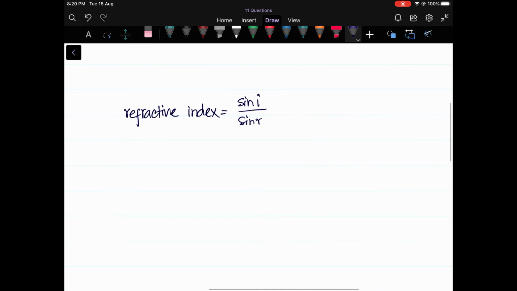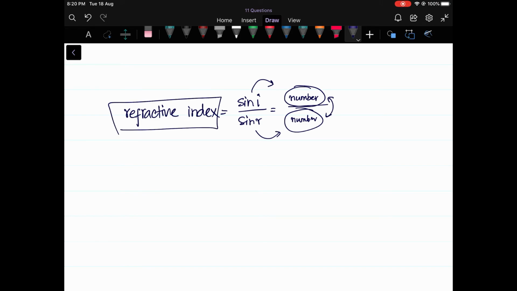Now sine of any angle is a number, or let's say it's a ratio, and sine of r is again a number, or a ratio. And numbers clearly do not have any units, they are pure numbers, and that's why they do not have any dimensions. So refractive index, which we have given mu, has a dimension of M0 L0 T0.